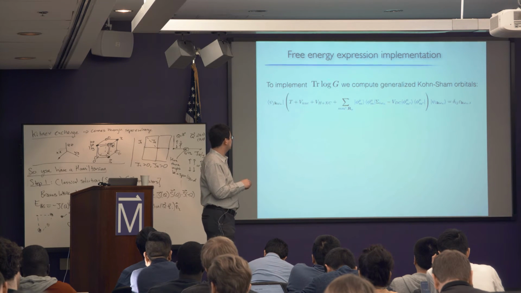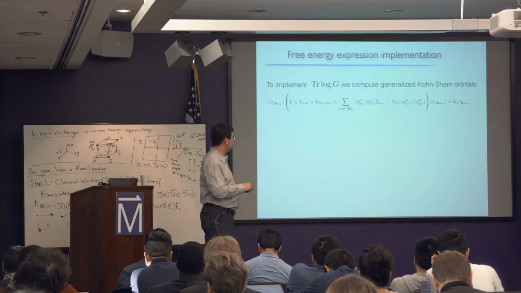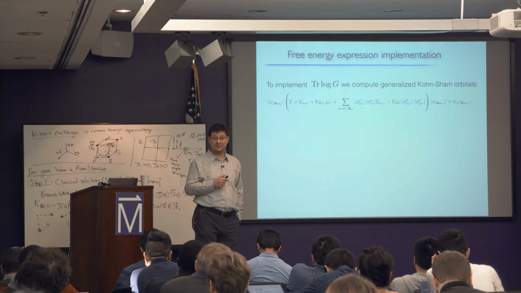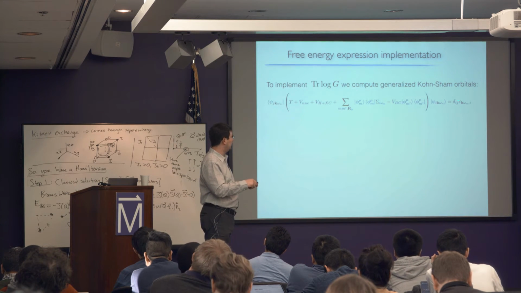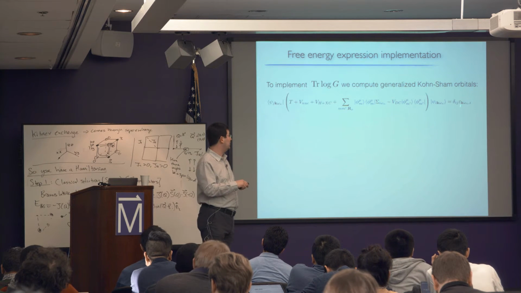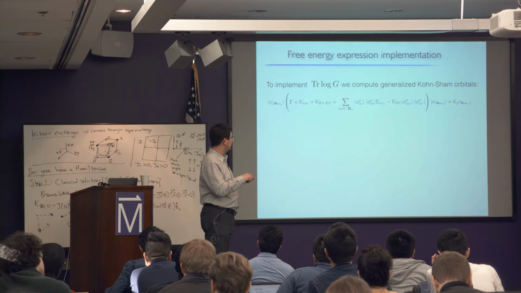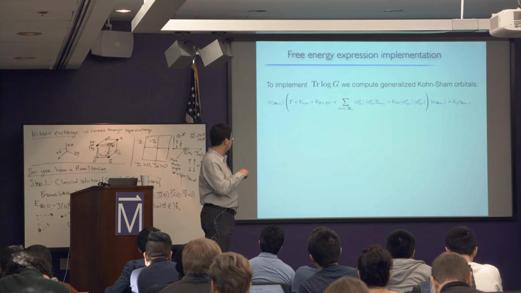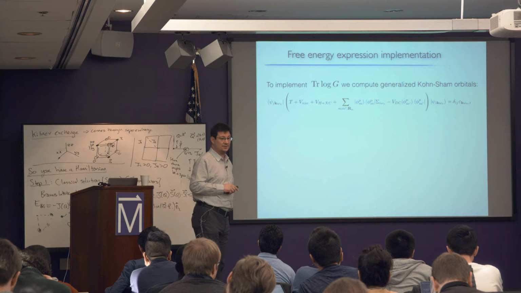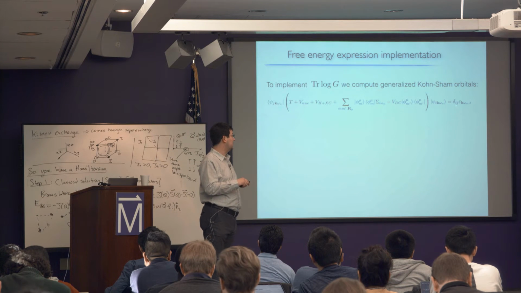In order to implement trace log G, we solve for the eigenvalues and eigenvectors. This is just an expression for the eigenvalues, epsilon k, which are now omega dependent. Why? Because we added the self-energy, which we embed here. Then we add all the DFT terms, and we see that this now defines the eigenvalues of the Green's function.